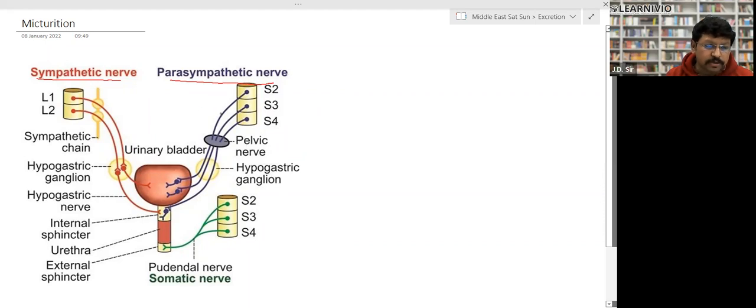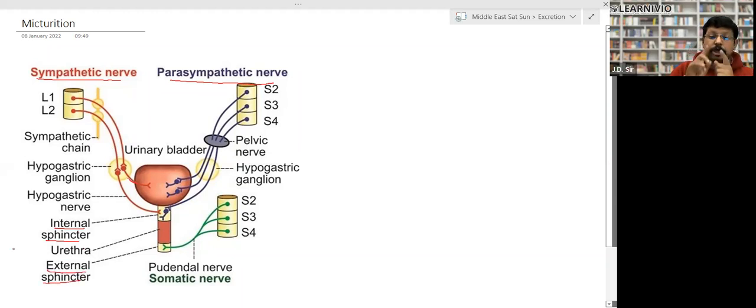What they are doing is controlling from this pelvic nerve. Look, first the parasympathetic is going and controlling our urinary bladder. It is also controlling our internal sphincter. There are two valves, internal sphincter and external sphincter.